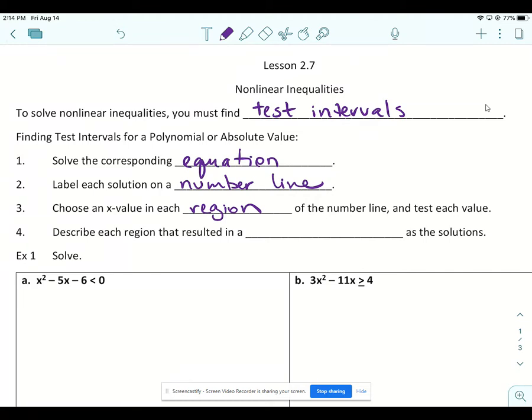And so we'll pick a number in each region and test it in the inequality. And then if you get a true statement, then that's going to be part of your solution. So we describe each region that resulted in a true statement as the solutions.